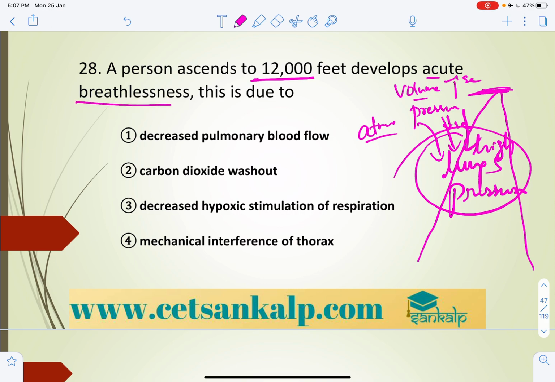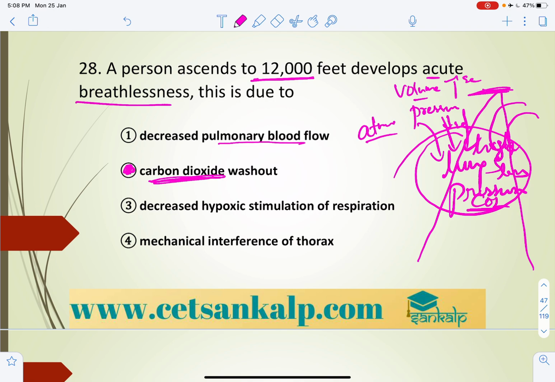Here this is mainly due to the decrease in the pulmonary blood flow, no, that is carbon dioxide washout, right? If there is breathlessness, that means more carbon dioxide will be inside and less oxygen available. That makes a reverse pressure, right?